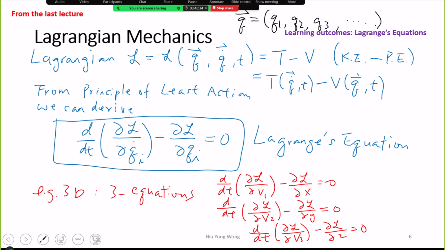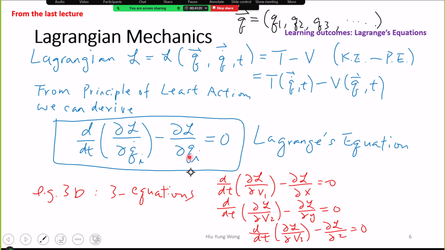And then, in order to find the equation of motion of a system, we just need to memorize this Lagrange equation. If you can memorize that, it will be great. If not, write it in your cheat sheet. But more importantly, you need to realize that it has a partial derivative with respect to each of the velocity and coordinate pairs.